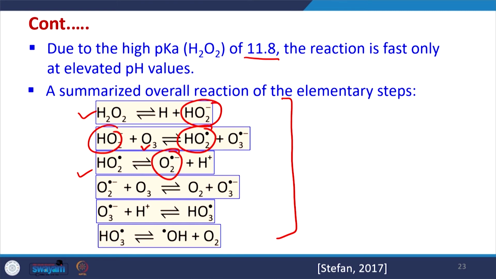The oxygen radical may combine with ozone to form other reactive oxygen species, which further react to form hydroxyl radical. So, a number of elementary steps are involved before hydroxyl radical gets formed from ozone and hydrogen peroxide.